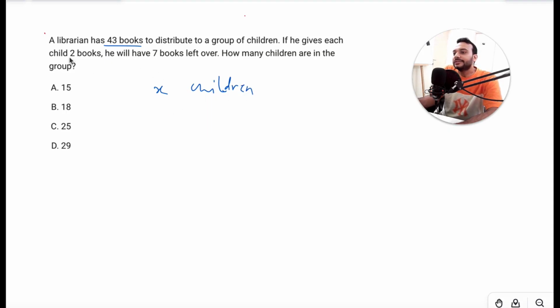So if he gives 2 books to each child, the total number of books distributed would be 2x. And he's saying that after giving 2 books to each child, he will have 7 books left over. So plus 7, this is equal to the total number of books initially he had, 43. So 2x is equal to 43 minus 7.